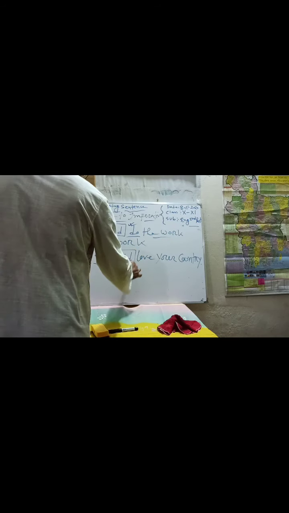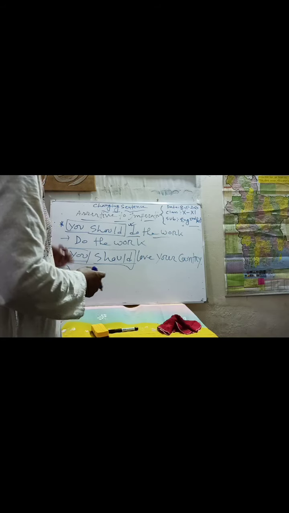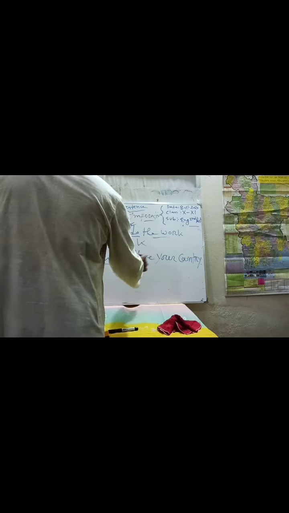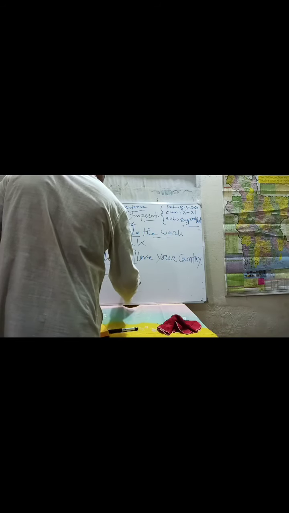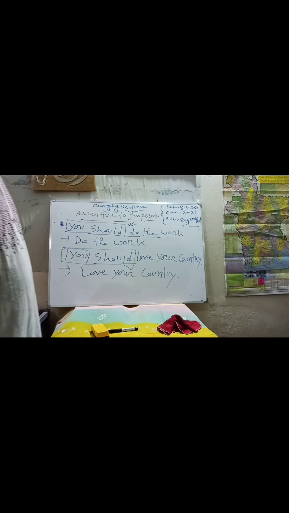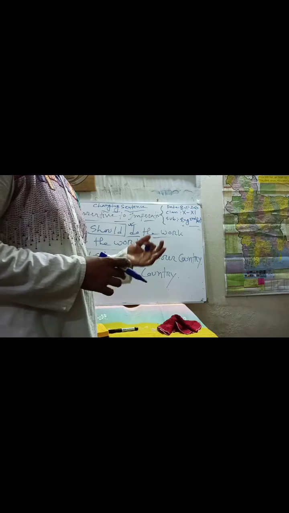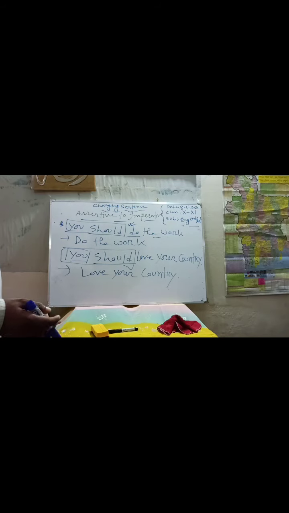So we don't use second person and modal auxiliary. So we get: love your country. So if we get any second person, we don't use this subject in an imperative sentence. Here is the example.